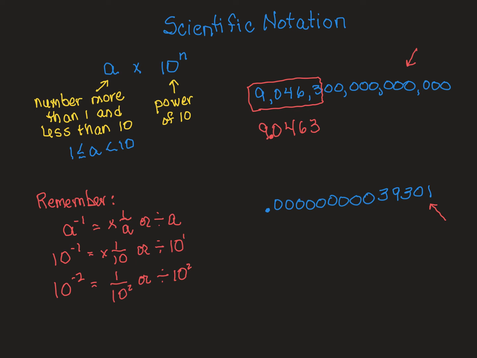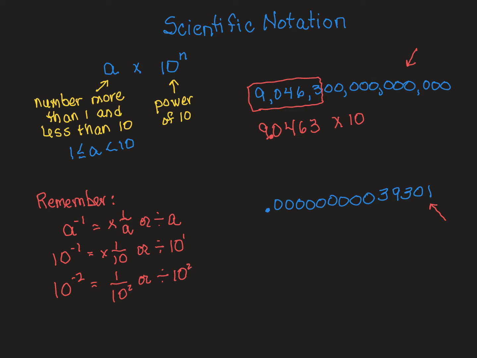Now I have to figure out what power of 10 I'm going to multiply this by. I'm thinking, how many tens would I have to multiply this number by to get this big one? Let's see.